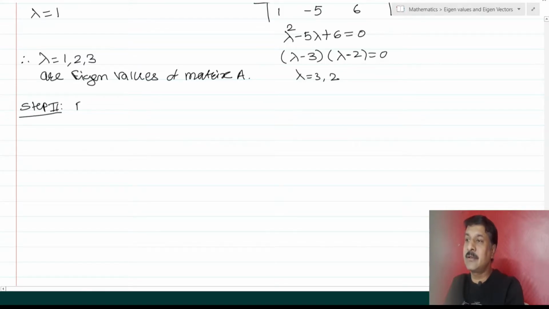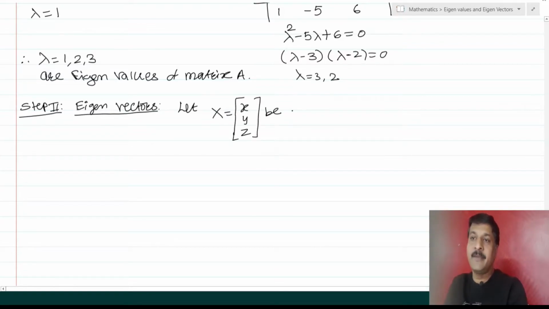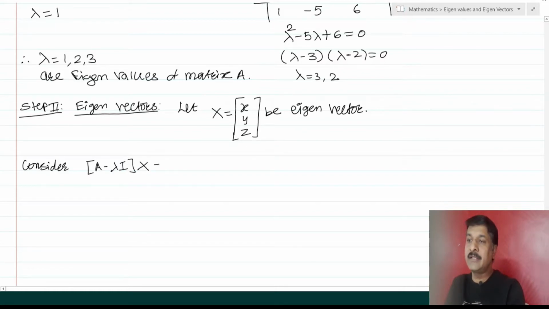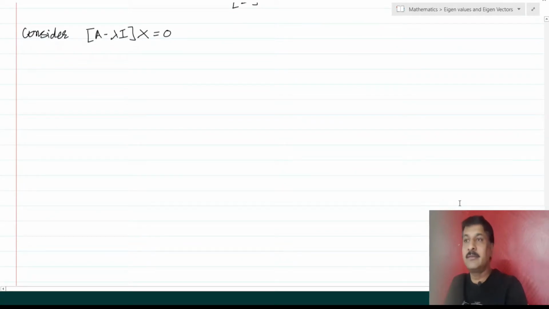Now step number 2, eigenvectors. Let x equal to (x, y, z) be the eigenvector and consider the matrix equation (A minus lambda I) into x equal to 0. Here the eigenvalues are non-repeated, meaning distinct eigenvalues 1, 2, 3. So one by one we can find.